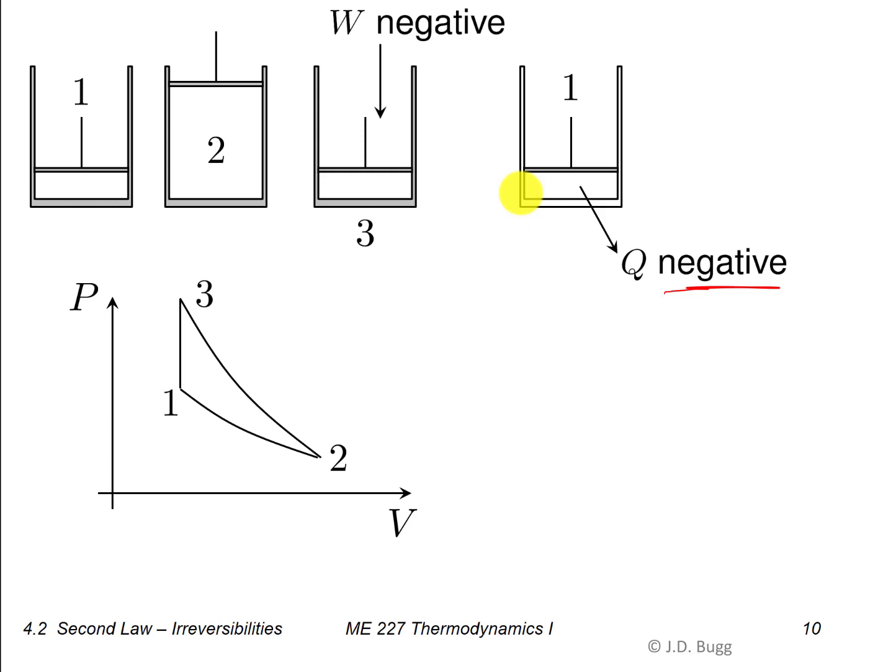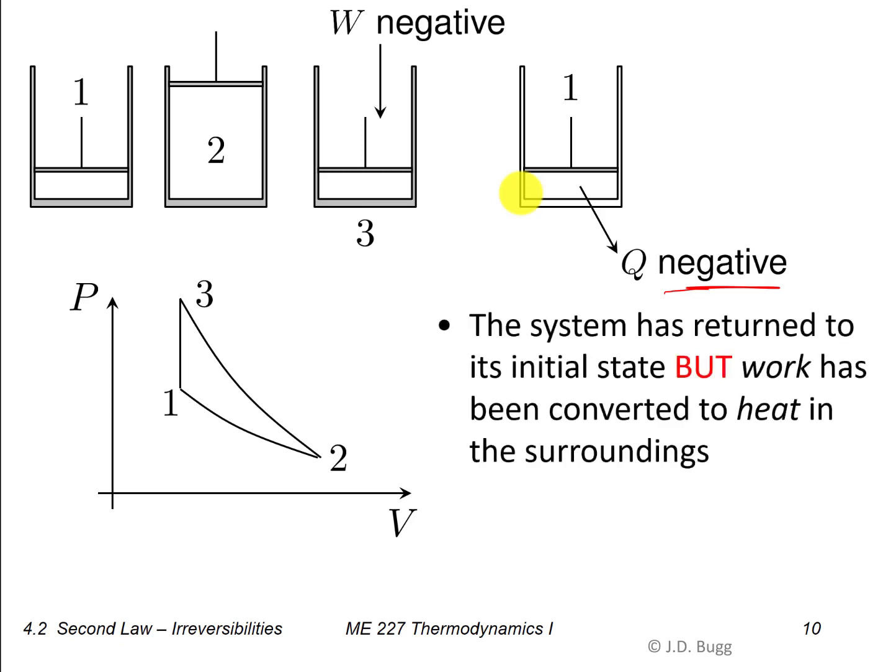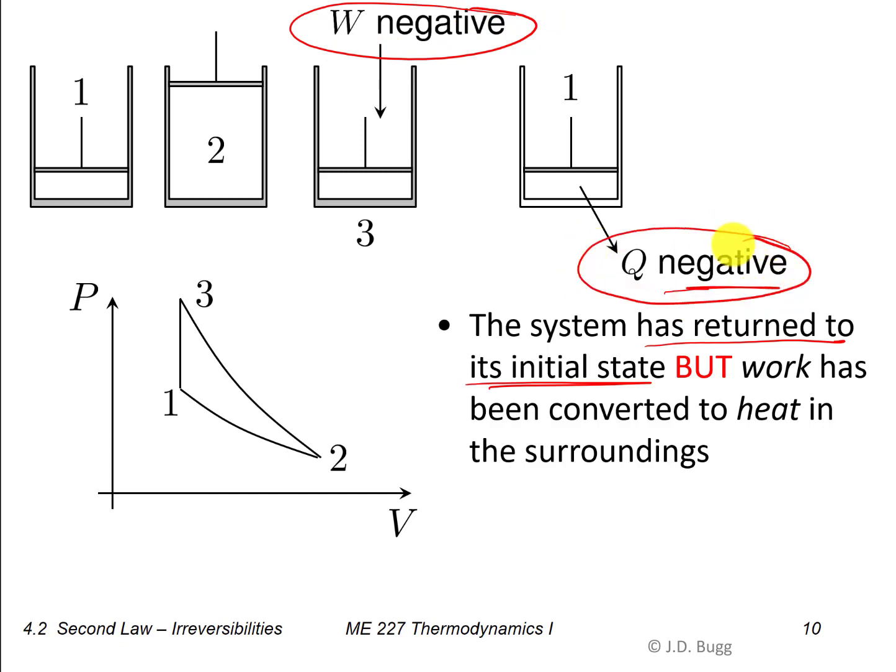However, in order for it to be a reversible process, both the system and the surroundings need to be back to their original state. So the problem here is that the system has returned to its initial state. We've been successful in doing that by having these two processes occur, but in the surroundings, work has been converted into heat.